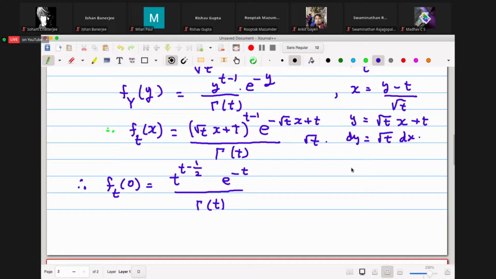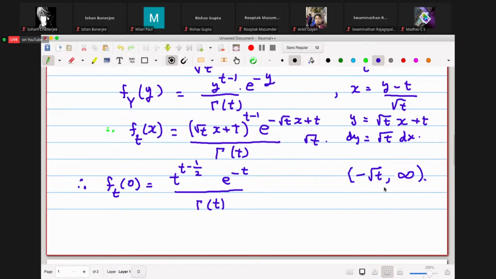So in fact, you can just check that if I take minus square root of t comma infinity, in this neighborhood it is going to be differentiable. Because you have minus square root of t coming here. So this is just a routine verification.